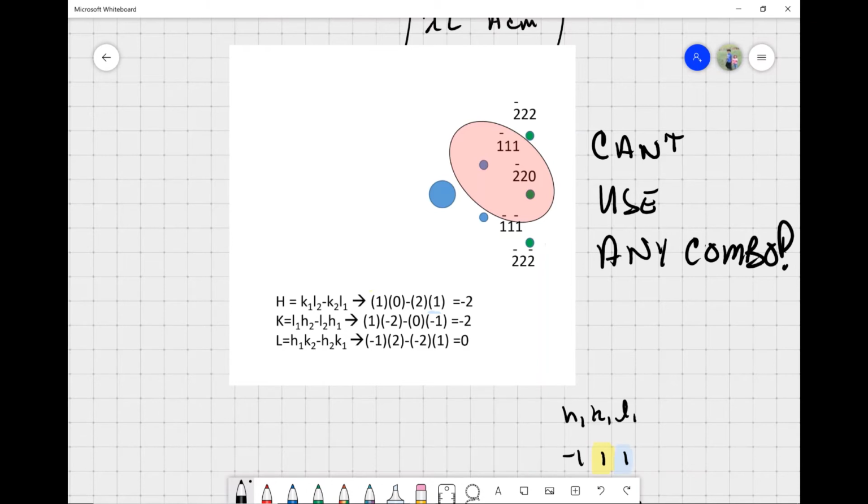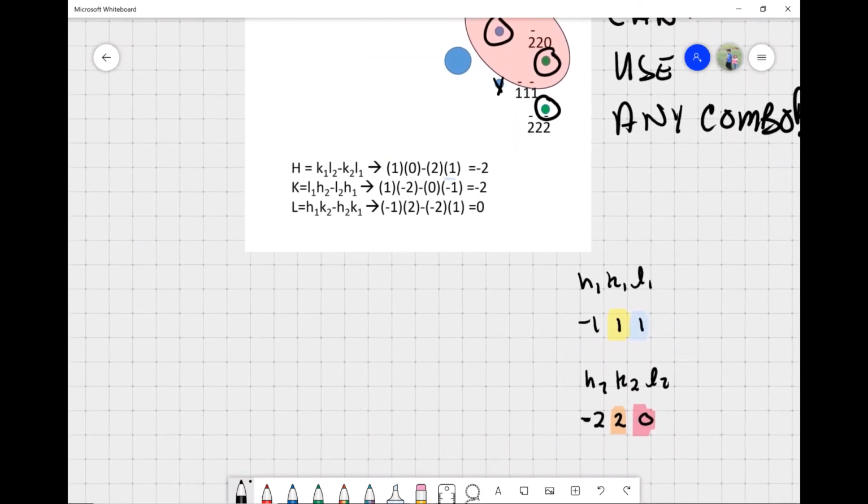So if I use this one, I can't use this one, and I can't use this one, but I can use this one or this one. Okay, but I can't just use any combo. And you'll know you picked the wrong spot if your answer ends up being 0, 0, 0.